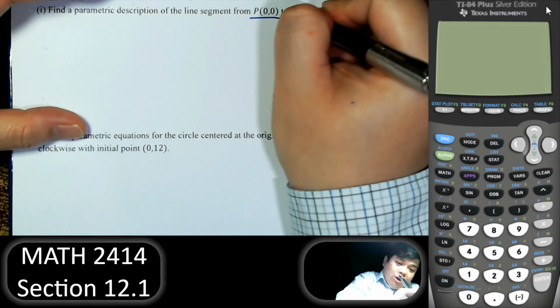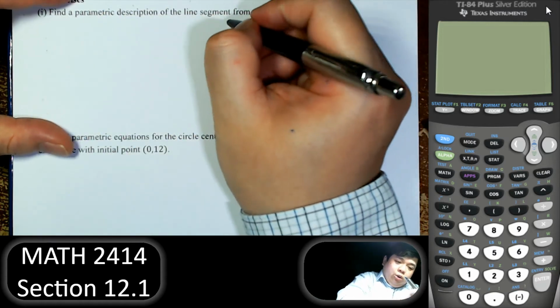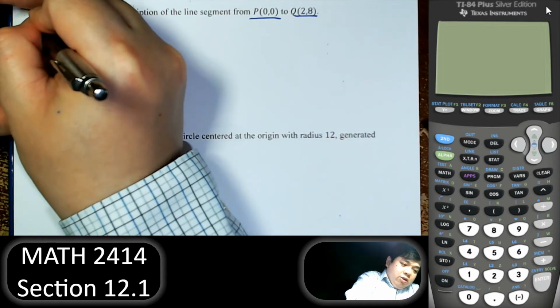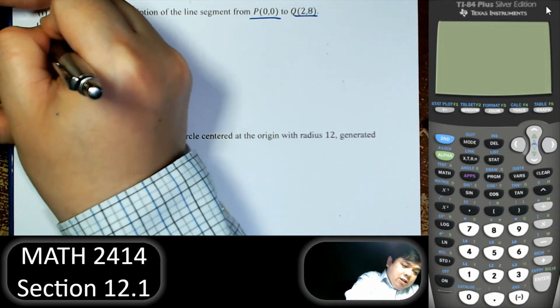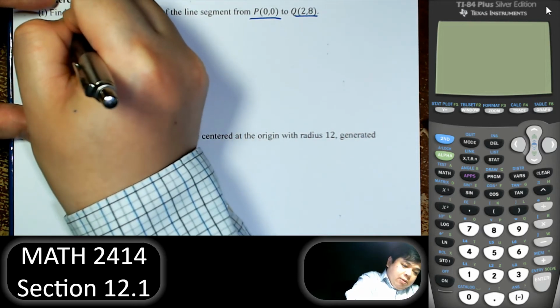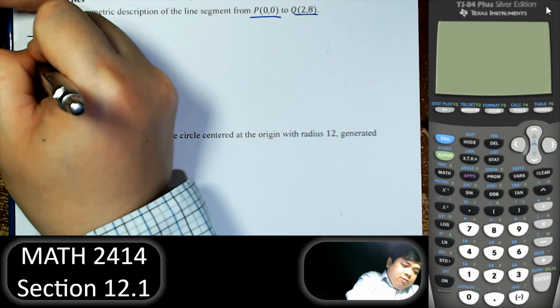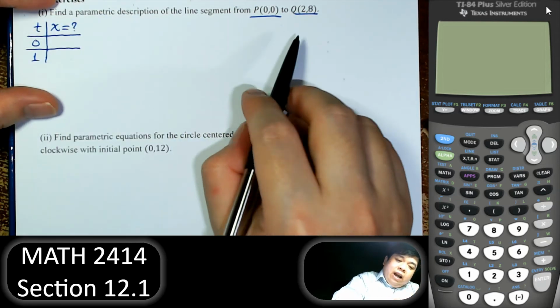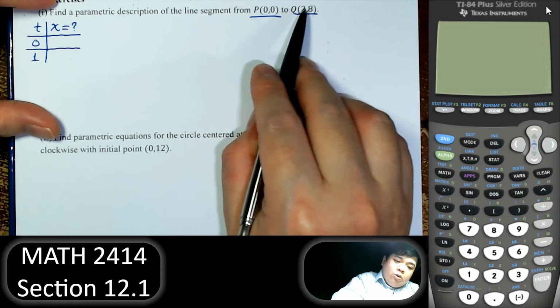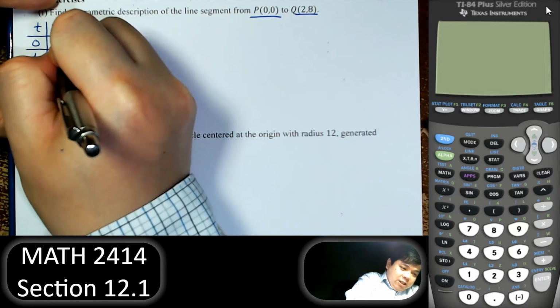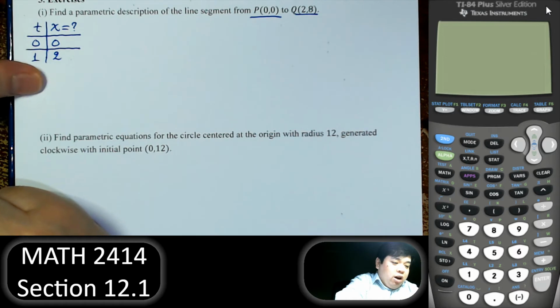It goes from 0, 0 to 2 and 8. So we do two things here. We make a table of t and x. Let's choose t to go from 0 to 1. That's standard. And x goes from 0 to 2. We will try to find the equation.